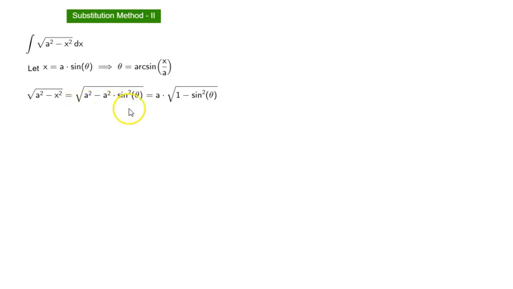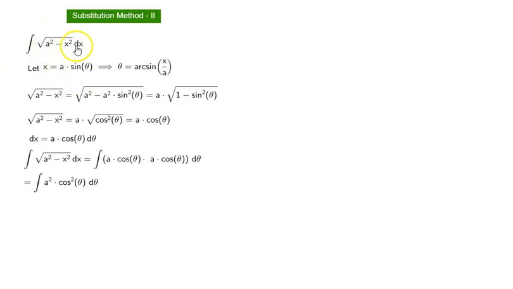A square is common. We take it out of the root. So we end up with a times square root of 1 minus sine square theta. Which becomes a times square root of cos square theta, which is equal to a cos theta. Differentiating this, we get dx is equal to a times cos theta d theta.